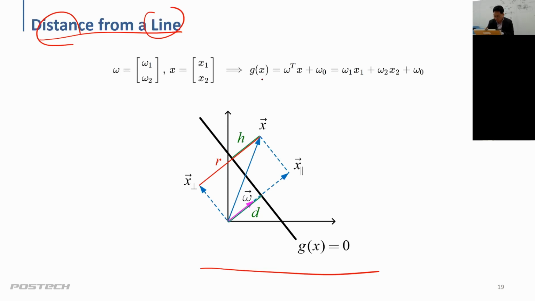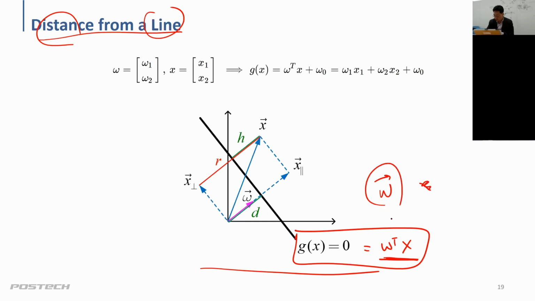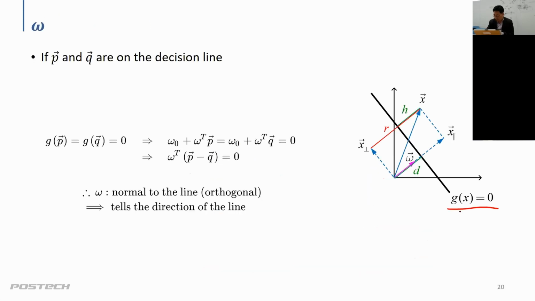Suppose we have G of X, omega transpose X, and I want to know the physical meaning of the omega vector. It turns out that if we have two vectors, say P and Q, on the line G of X equal to zero, then omega transpose P equals zero and omega transpose Q equals zero, and we subtract.